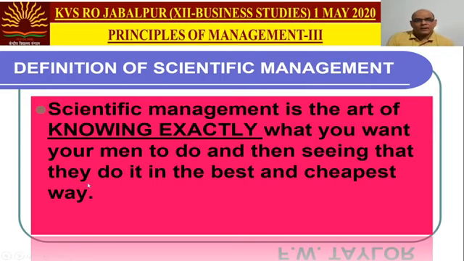So scientific management is the art of knowing exactly what you want men to do, and then seeing that they are doing it in the best and cheapest way. If you remember, efficiency means performing the task at the least cost. So Taylor was a great advocate of effectiveness as well as efficiency together. Move forward.